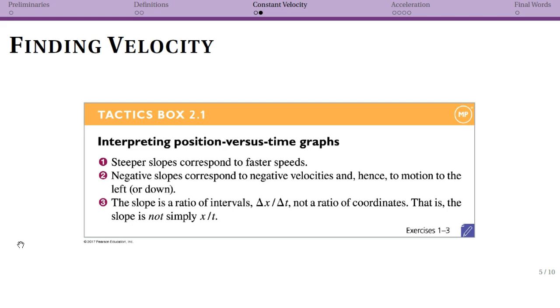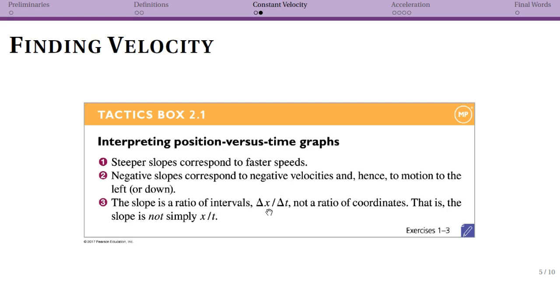So if you have access to the book, this is Tactics Box 2.1, but briefly in words, this just says some of the things that I went through in the past slide, that steeper slopes are faster speeds, and steeper can be either in the positive or the negative direction. And negative slopes are your negative velocities, so that would be motion to your left or motion down for our normal coordinates, and that we need to be careful to make sure that you're always using these intervals.